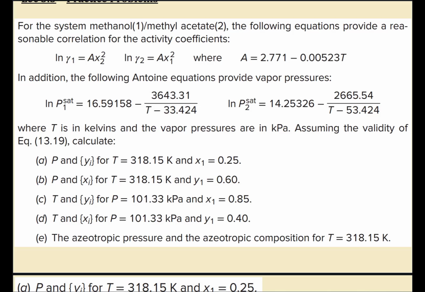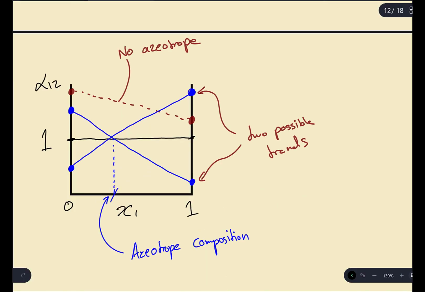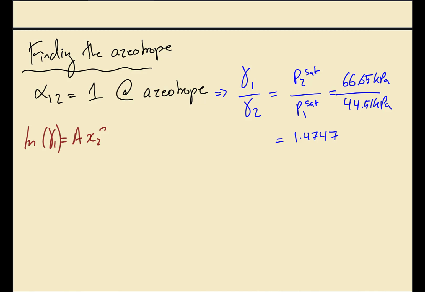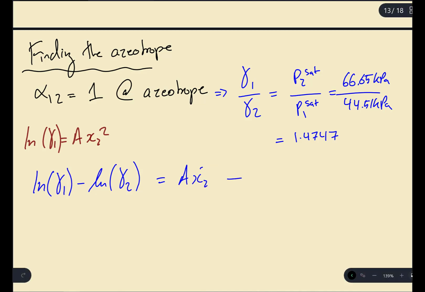If I do ln gamma 1 minus ln gamma 2, that is equivalent to ln of gamma 1 divided by gamma 2. All right, let me see here. Starting off with natural log gamma 1 equals a x2 squared, we're going to take the two and subtract them from each other, so we get natural log gamma 1 minus natural log gamma 2 equals a x2 squared minus a x1 squared.